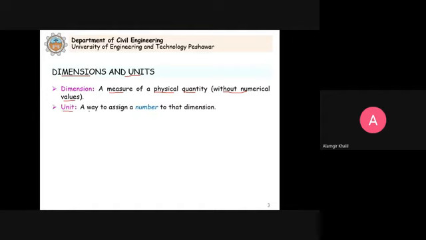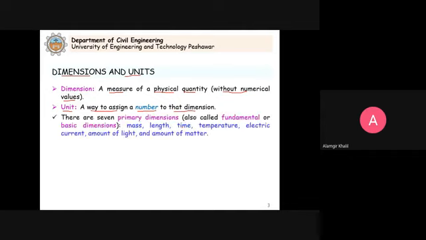A unit is a way to assign a number to that dimension. For example, you say, okay, length, but how much is the length? Meter, centimeter, inches, feet. So that is the unit. And then we count how many inches: 3 inches, 3 meter, 3 centimeter.